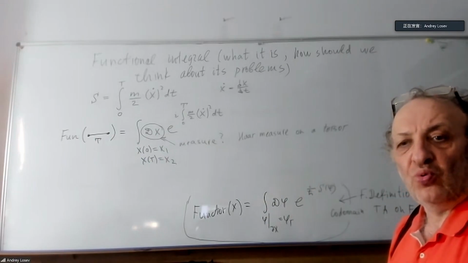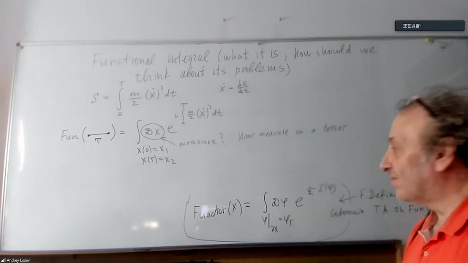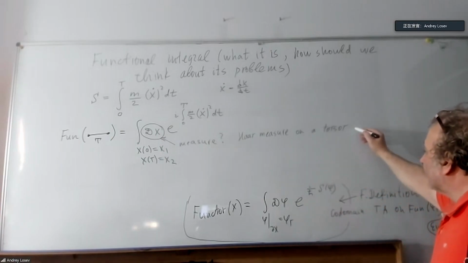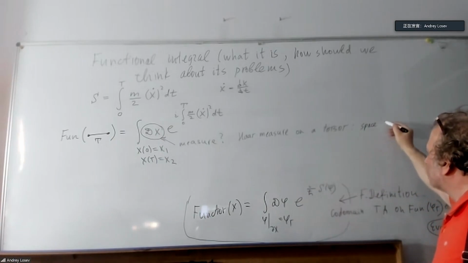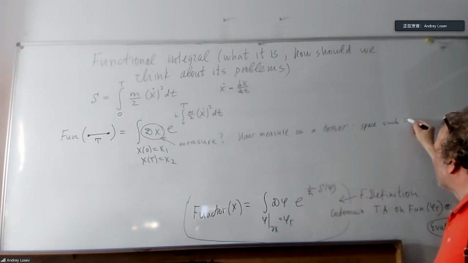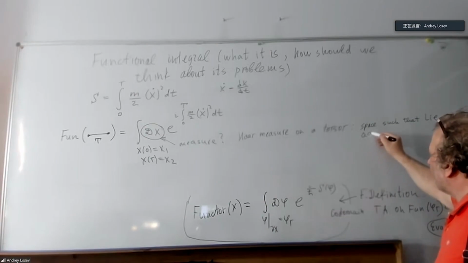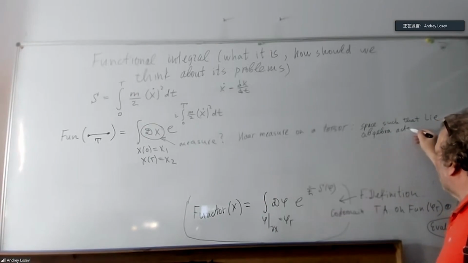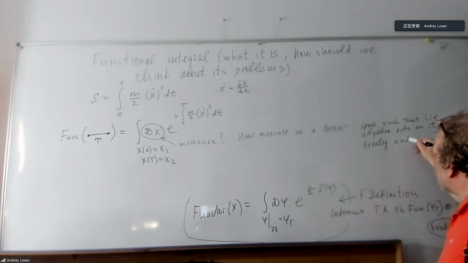I hope you know what a torsor is. A torsor is a space such that a Lie group acts on it freely and transitively.